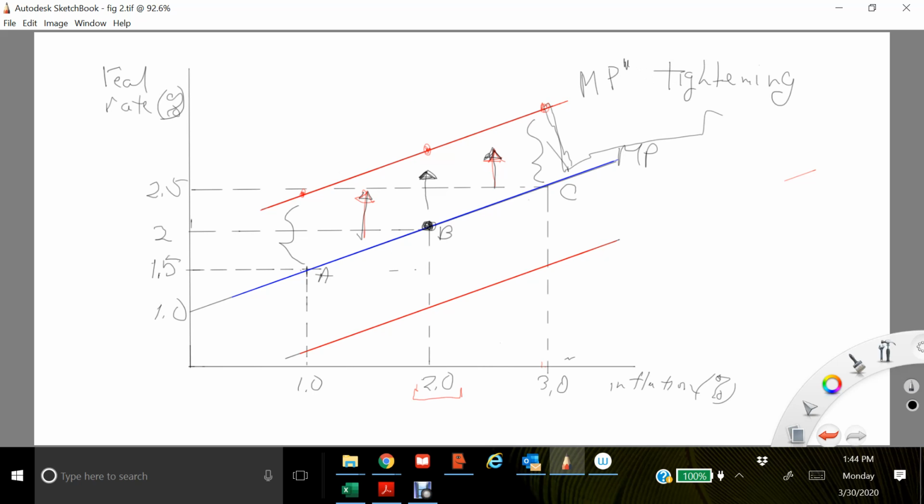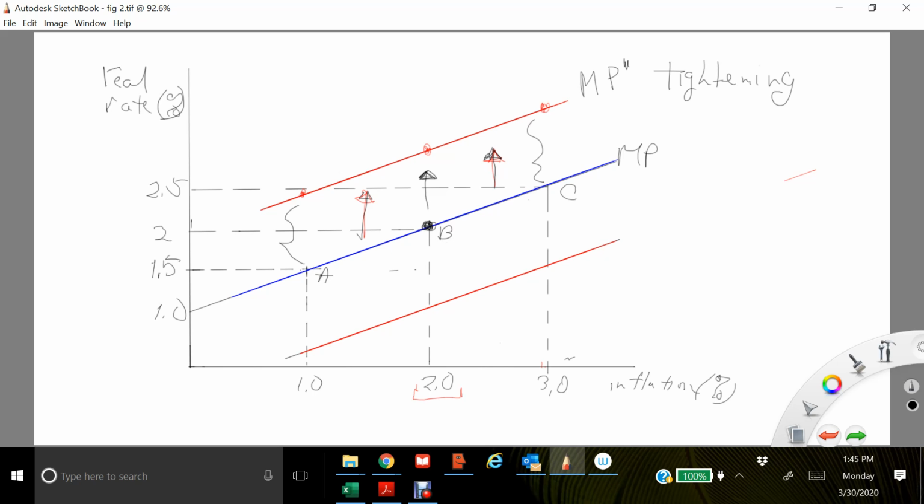If there's a fear of recession, the Federal Reserve is going to want to lower the real rate.